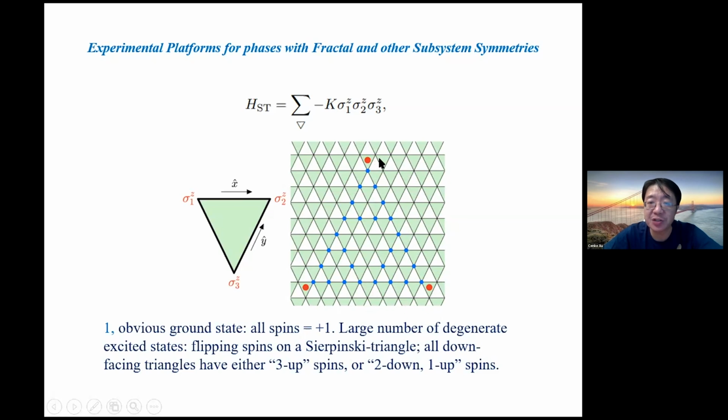So I can separate the 3 corners as far as I can, to a very far distance, and the excitation energy will still remain the same. So there are a large number of degenerate excited states, and these excited states have a fractal geometry structure in them. Is this point clear?